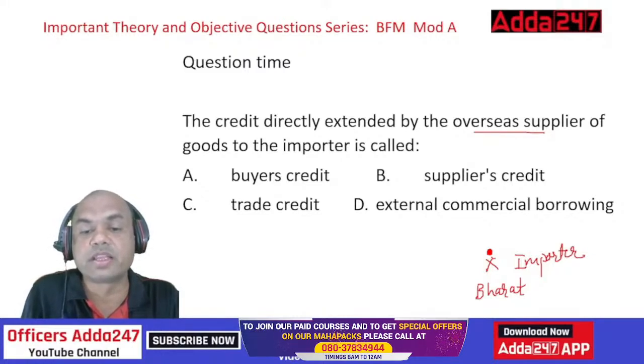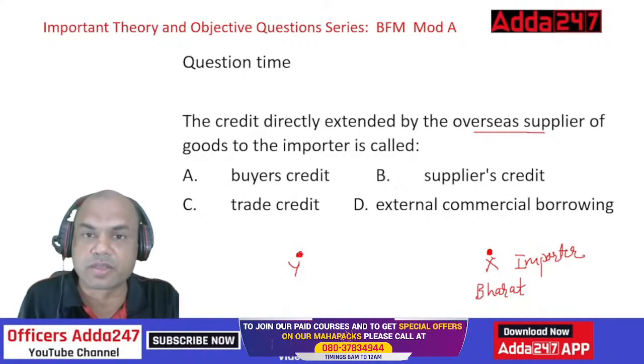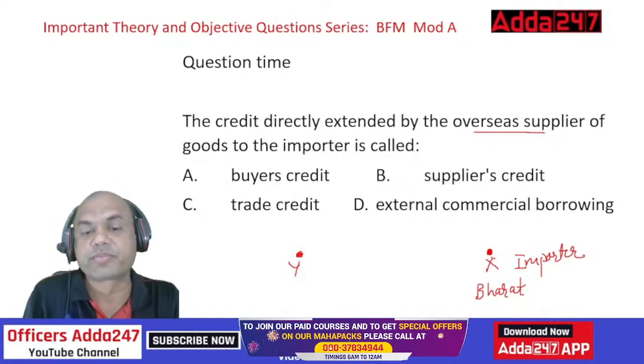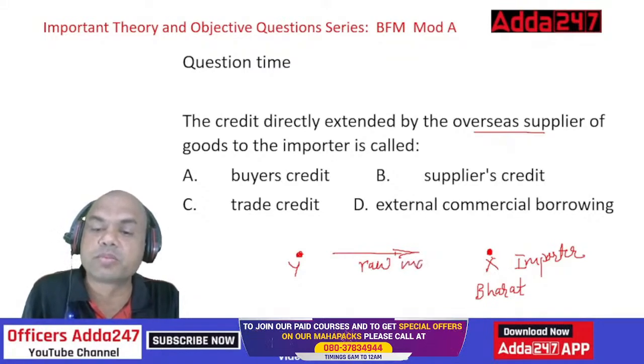And somebody in, let's say, the USA, that person Y is supplying goods, raw material, to X.